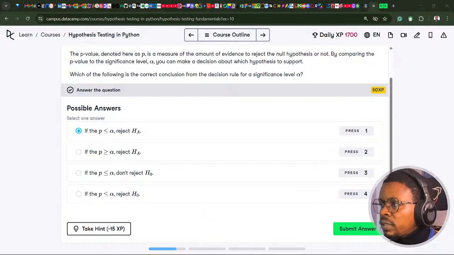If the p-value is greater than, okay. So what's the possible answer here?